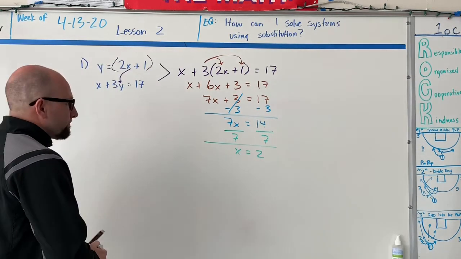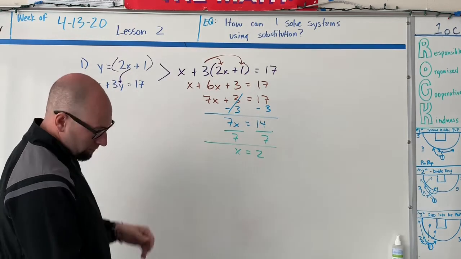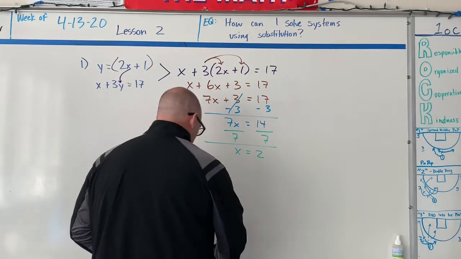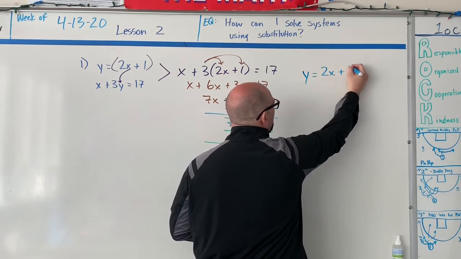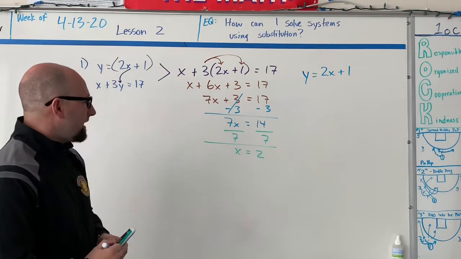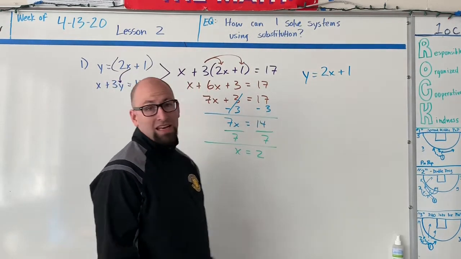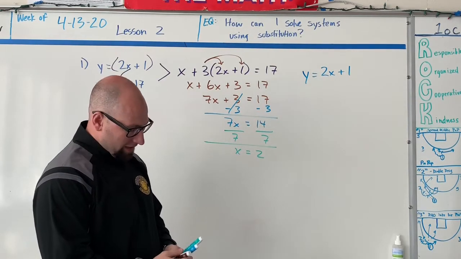Now we'll go back into our original equation. We've got y equals 2x plus 1, so I'm going to write that up. Then we take the value of x, 2, and plug it into that. We could do it with either equation, but this is the simple one because y is already isolated.